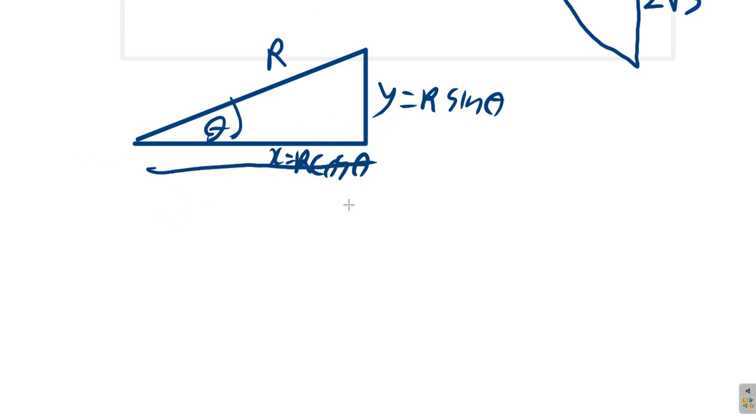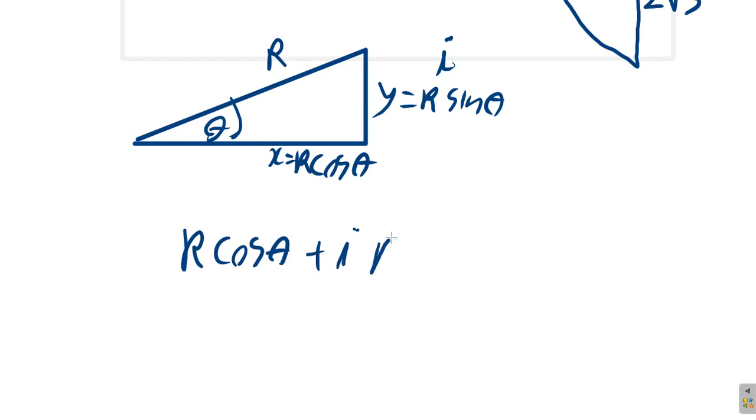We have the real axis and the imaginary axis, so this would be the imaginary axis, alright? So the complex number here is r cos theta plus i r sine theta. Remember that? So that is the complex number that we have, right? Sometimes it's written using a shortcut, r angle theta, right? I won't be using the shortcut right now.